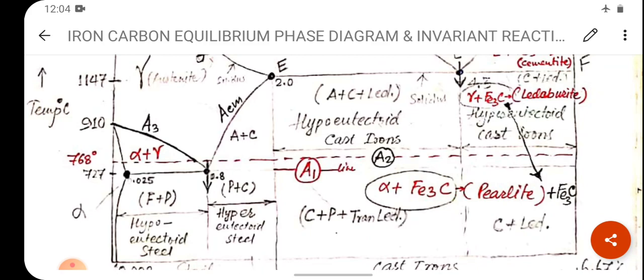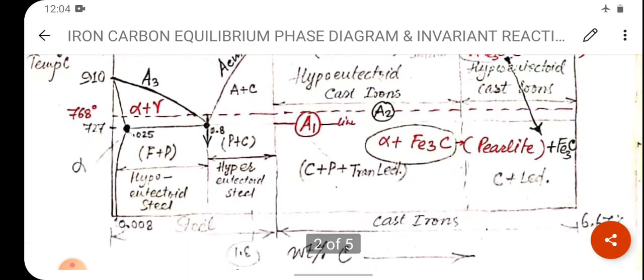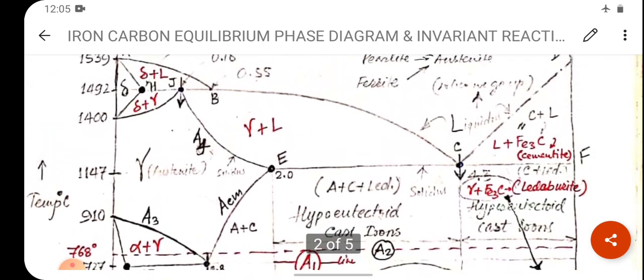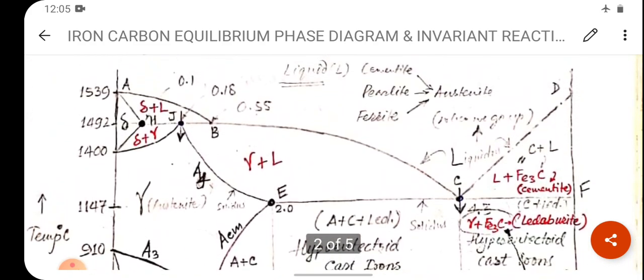And at 727 degree Celsius, this is the line that is A1 line. Clear? So I am starting here, that is 0.025 to 0.008% of carbon. Draw a line here, that is curve line. So I'll explain from top each and every point in details.